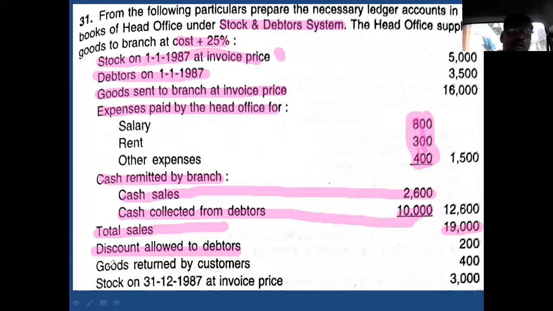And return by customer, sales return: you write on the branch stock account debit side and debtors account credit side. Then closing stock is the last item on the credit side. So prepare the stock account, debtors account, then the expense account, thereafter the adjustment account.